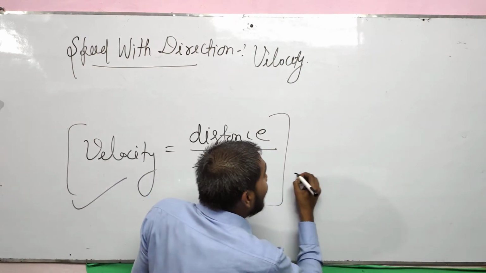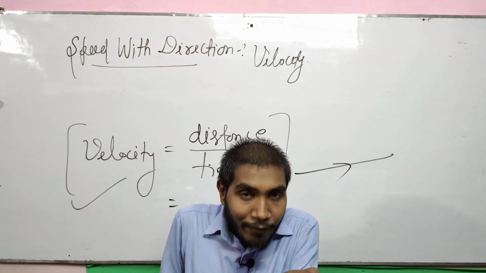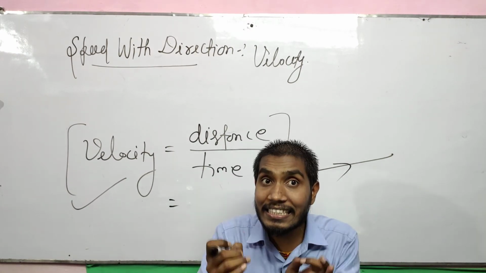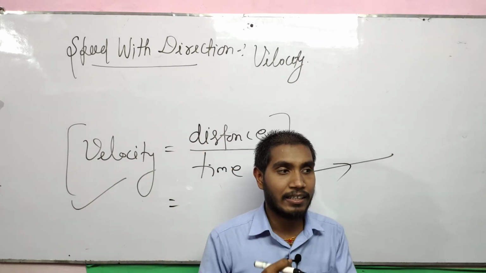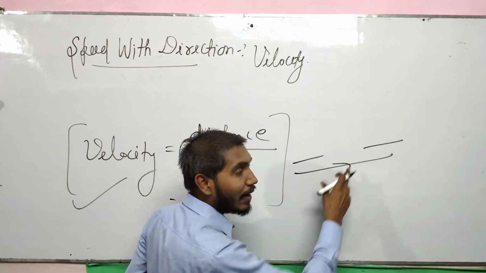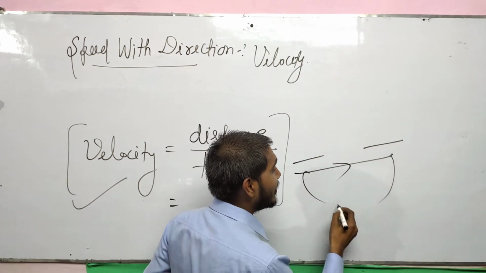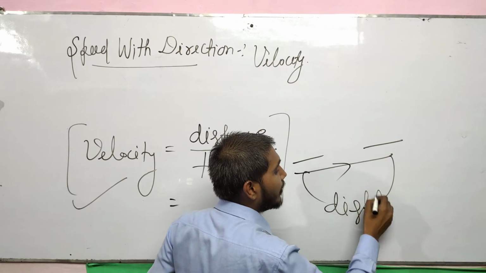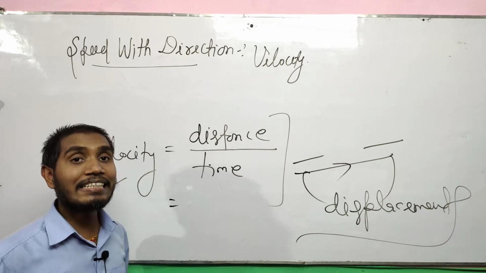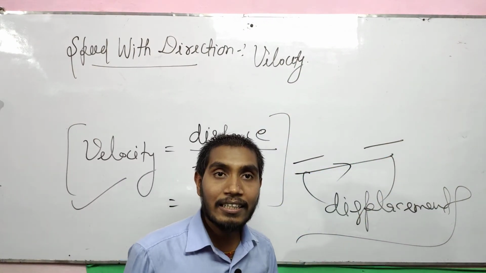And if the distance is in a definite direction, what am I saying? The distance traveled by an object in a definite direction is called displacement.